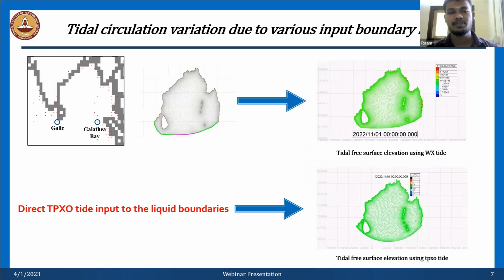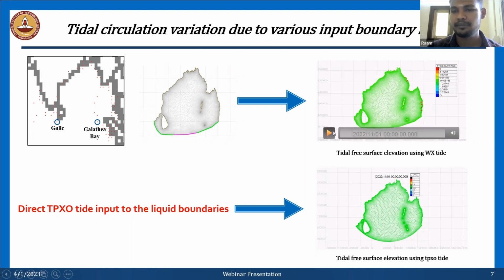And what are the errors we will face if we give the boundary details wrong? First of all, in this process, the tidal data from Gully and Galatia Bay, these two stations, is given by interpolating manually to the domain.